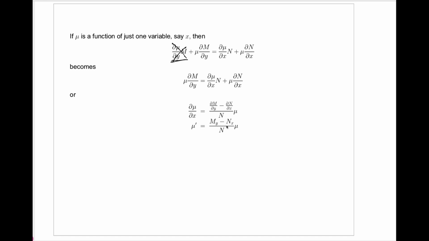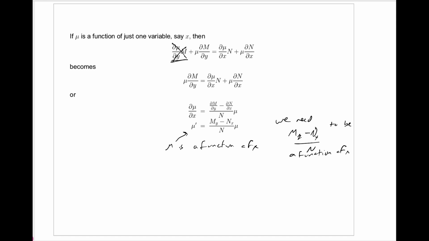Now here we'll still have problems because we're assuming mu is a function of x, which is why I'm writing d mu dx just as mu prime. But in order for that to make sense, we have a function of x here, a function of x here. We need this function here, M sub y minus N sub x over N, to be a function of x.